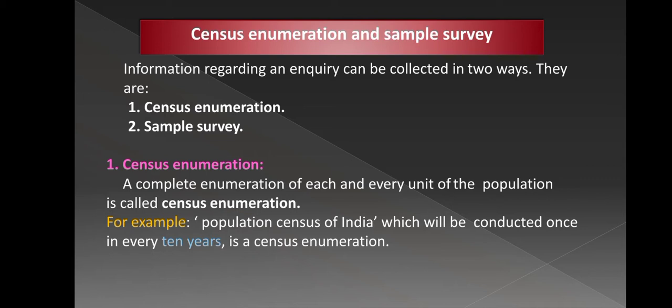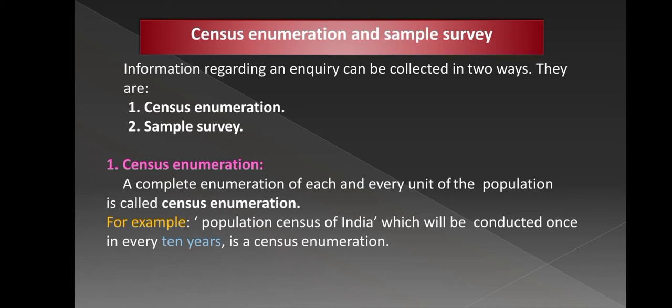Government employees go to each and every house and collect the data, like how many people are there in the house, how many children are there, your age, your date of birth, your address, your occupation. All the information is collected. It means a complete, detailed enumeration is done here.